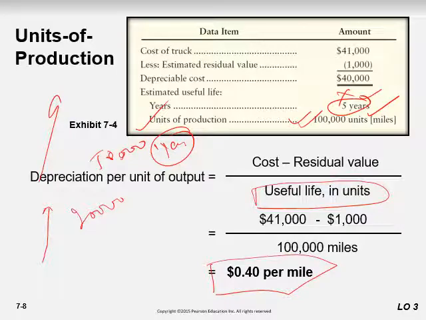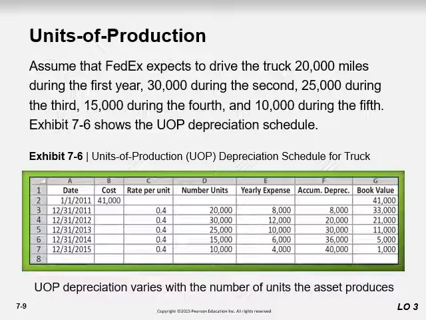Okay, so we have the variation: the truck runs 20,000 miles in the first year, 30,000 miles in the second year, 25,000 in the third year, 15,000 in the fourth, and 10,000 in the fifth year. Simple, we know that 0.40 is per unit. We just multiply it, and at the end the book value becomes the salvage value, right?